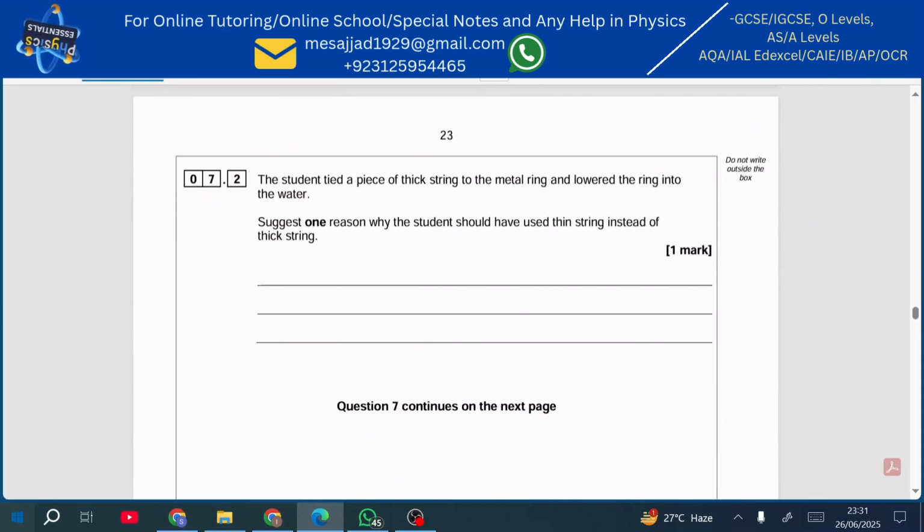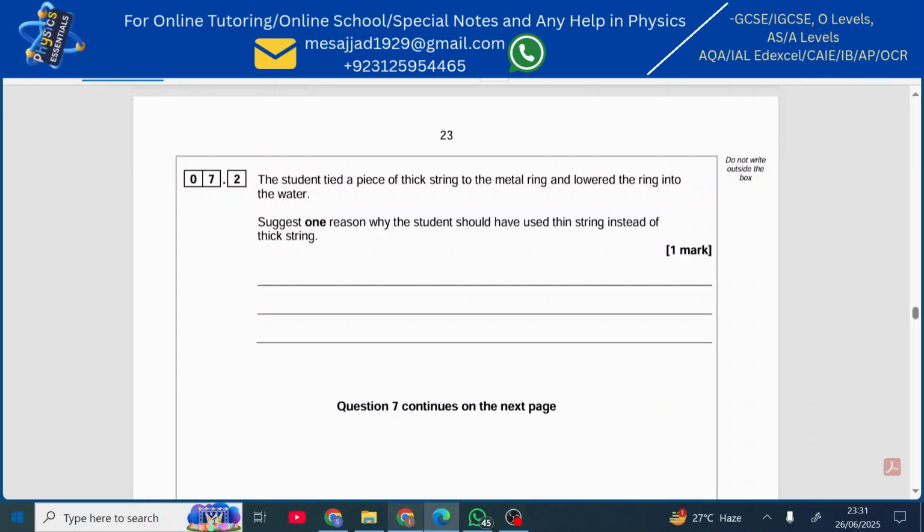The student tied a piece of thick string to the metal ring and lowered the ring into the water. So just one reason why the student should have used thin string instead of thick string. Okay, so there is a metal ring going into the water, and along with that you have a thick string or a thin string.